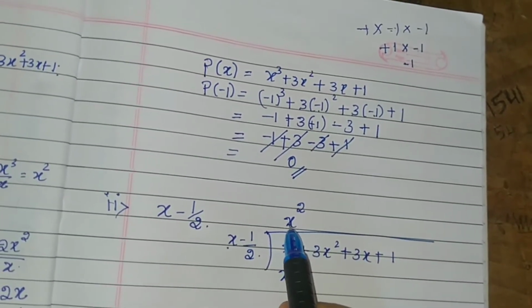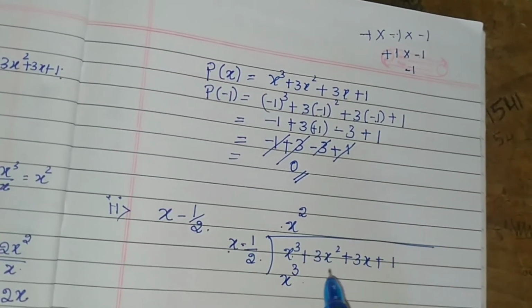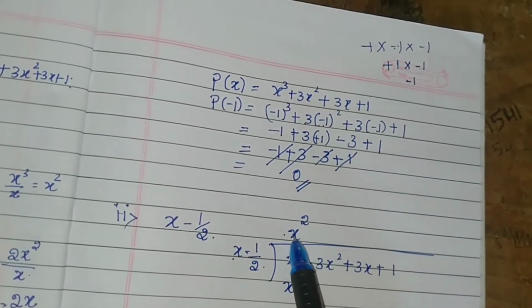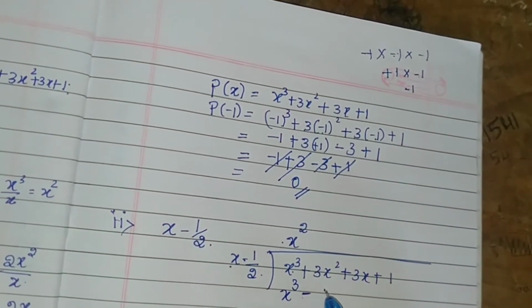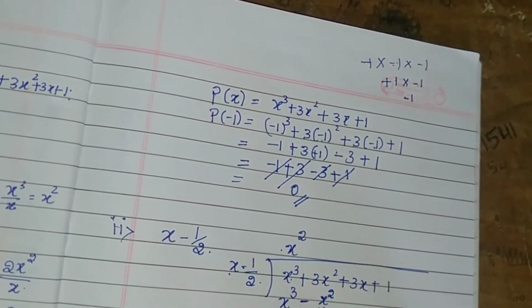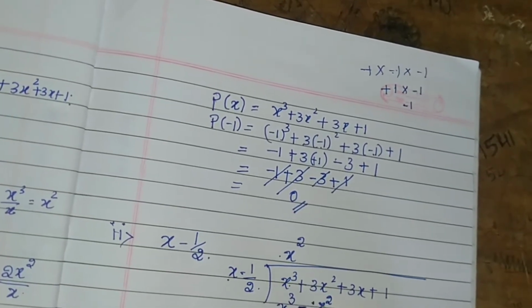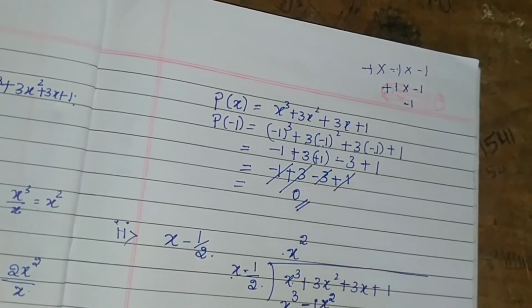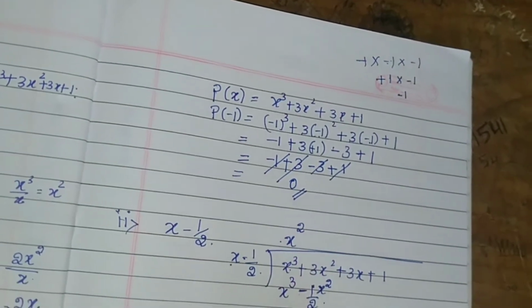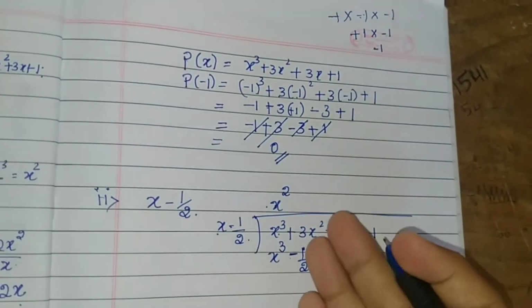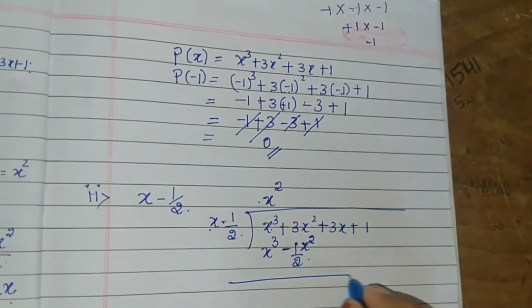Here x square, plus into minus is nothing but minus, x square into 1 by 2 is nothing but 1 by 2 x square, or you can write x square by 2 also.